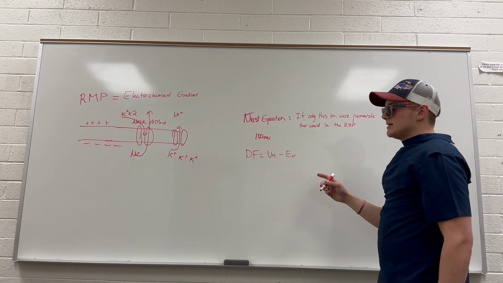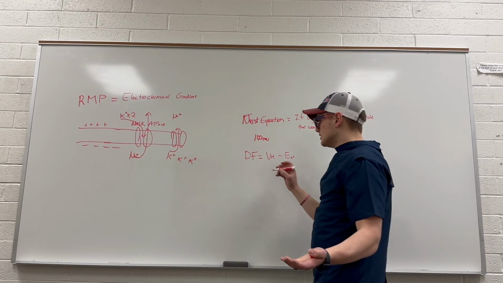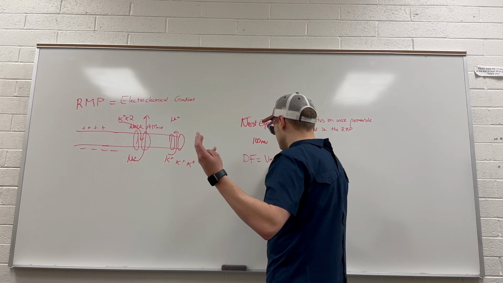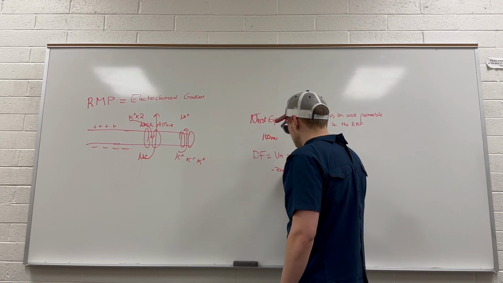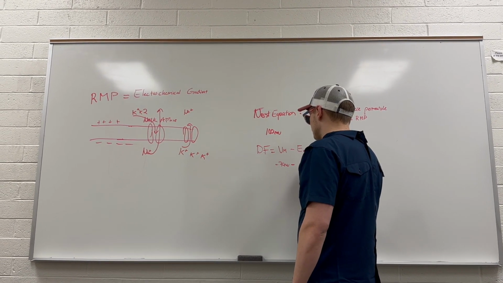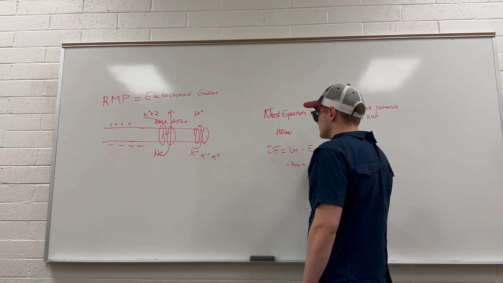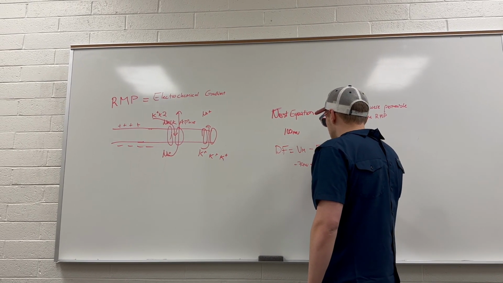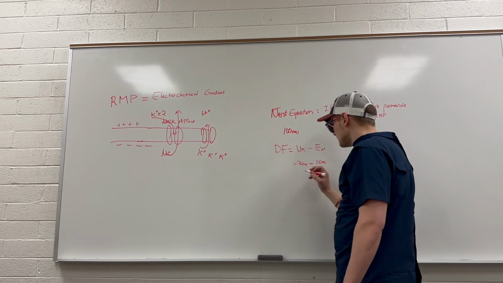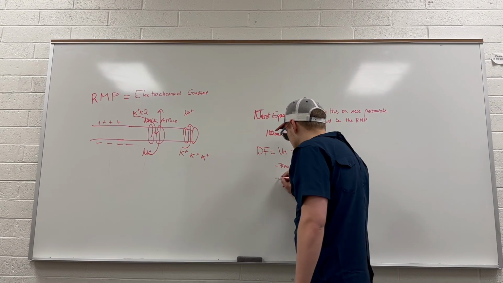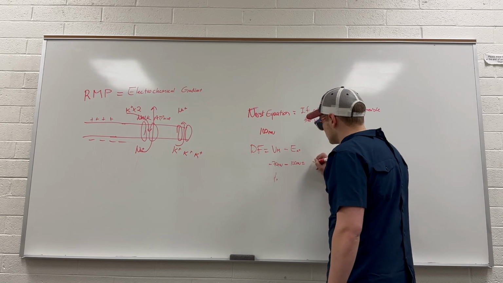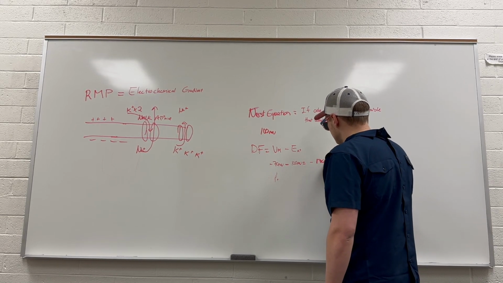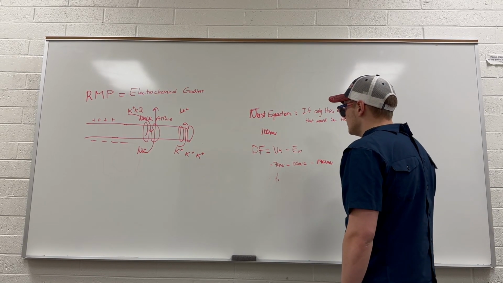So let's take a typical cell that has a membrane potential of -70 millivolts, and we are going to subtract from it potassium, which I said is 100 millivolts, and that's going to get me -110, I should do equals negative 170 millivolts.